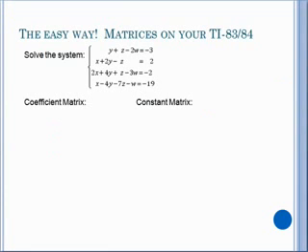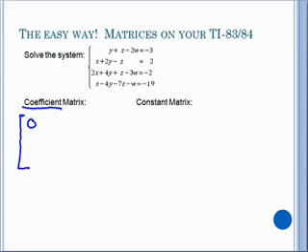So what I'd like to do now is show you an easy way for you to solve matrices using your calculator. So the first thing that we have to do is identify what we call the coefficient matrix, and it's just what it says. It's a matrix of only the coefficients on your variables.